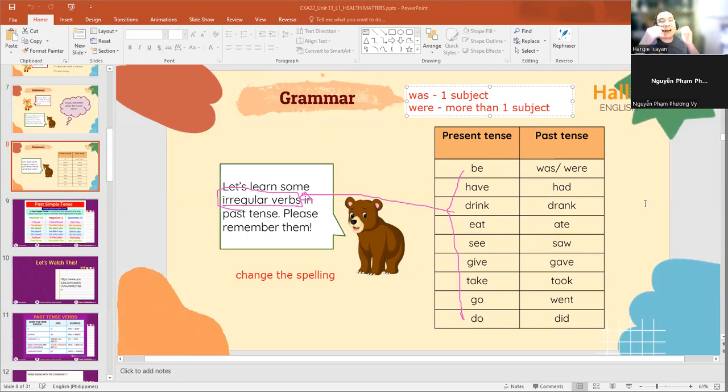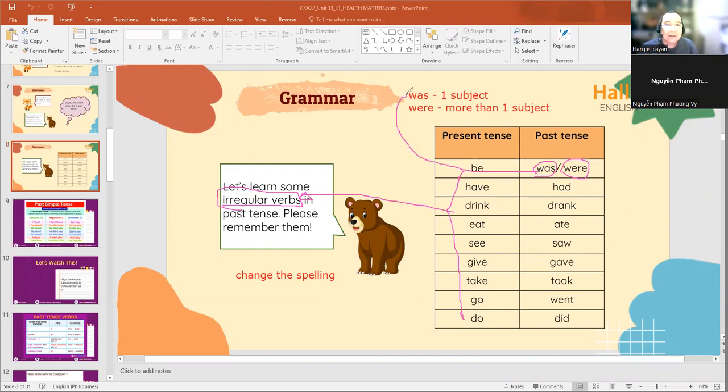Again, what are the two be verbs under the past tense? Was and were. Where do we use was?